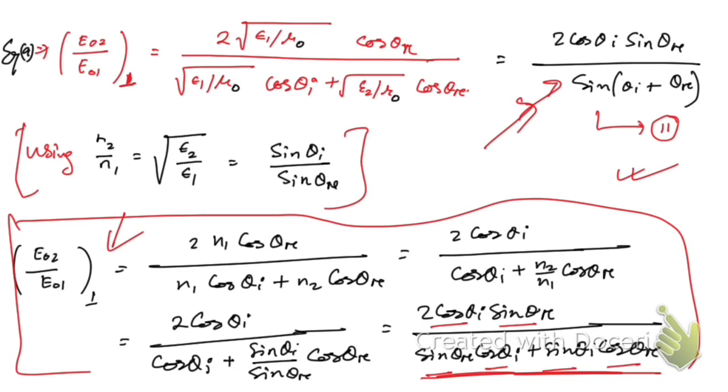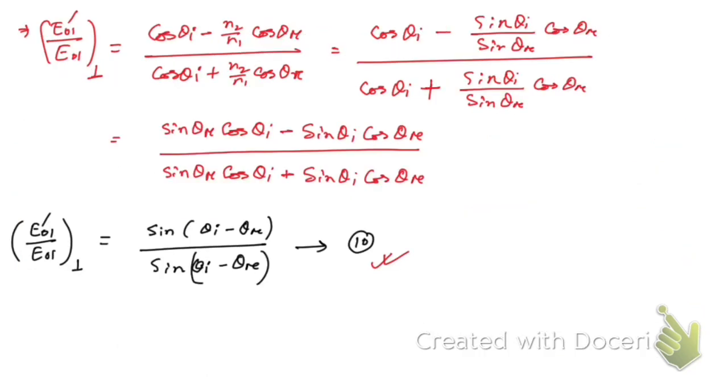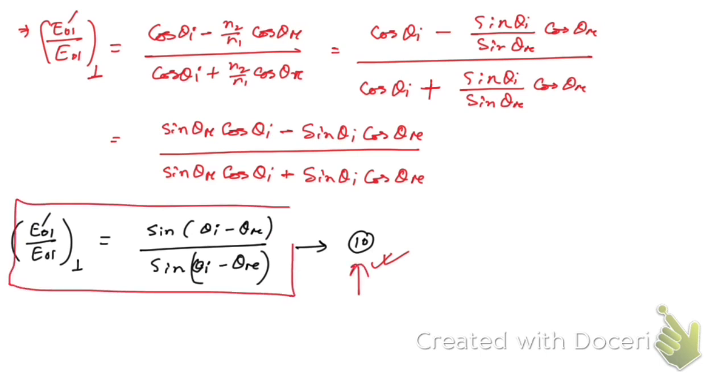So these two are the Fresnel's equations, right? When you are asked to derive the Fresnel's equation of reflection, then you have to write this. For reflection, you need to derive this equation.